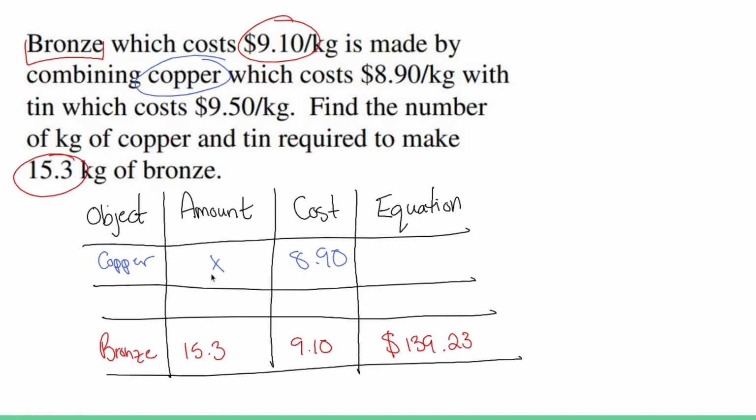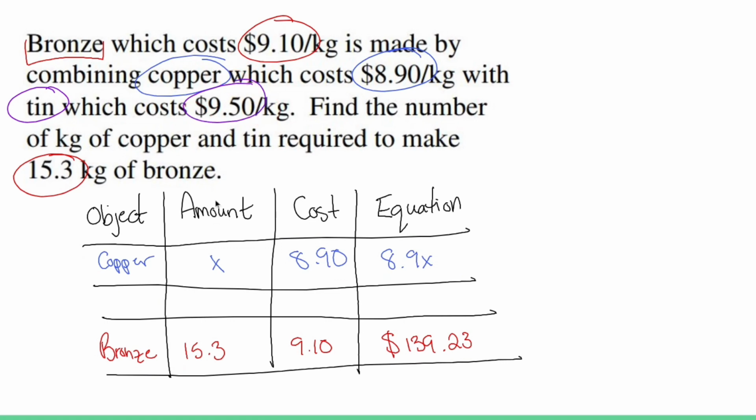No. So I'll call you X. So the equation that we have there is going to be 8.9x, because I can just turn 8.90 into 8.9, multiply x to it, and there you have it. So that's our copper option. Copper, the name of the dog from The Fox and the Hound. Cute movie.